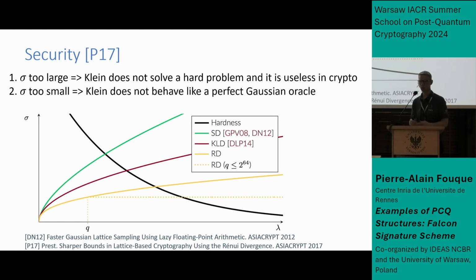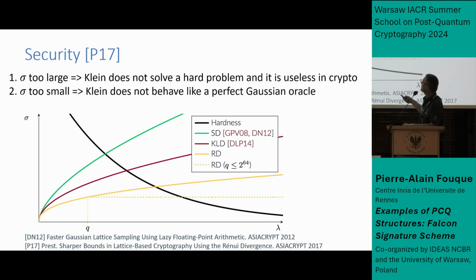So we need to have sigma like this: if sigma is very large, the security is low, and if sigma is very small, the security will be large up to some point.